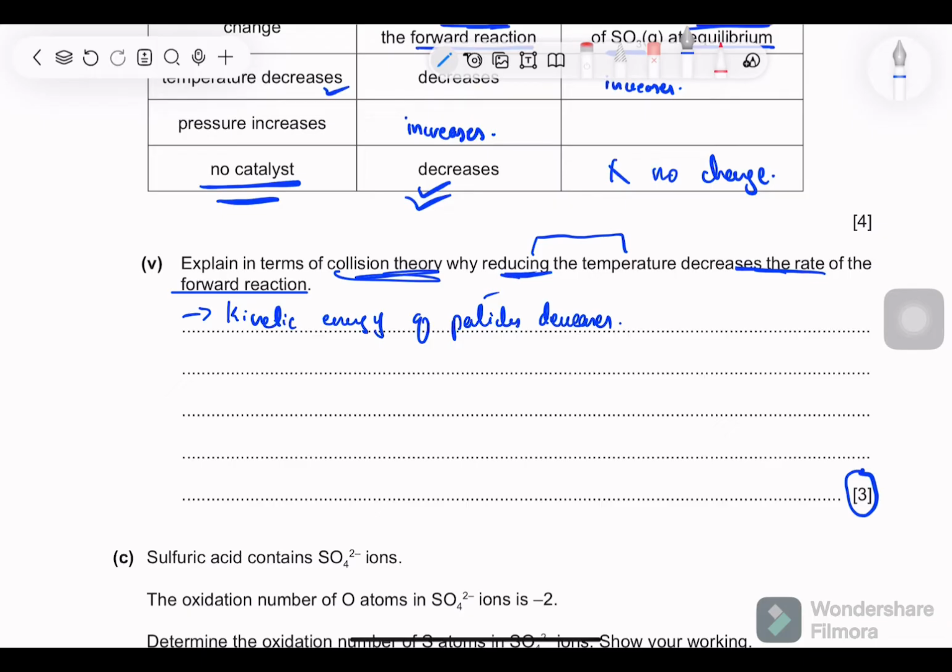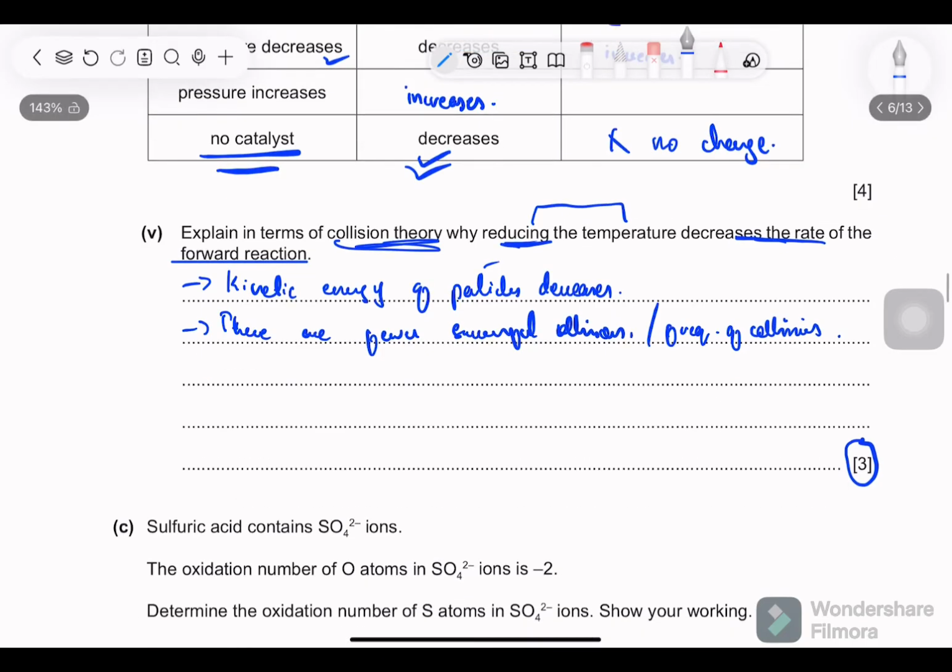The energy of particles decreases, they move slowly, the frequency of collisions decreases, so there are fewer successful collisions between particles. And next, when we decrease the temperature, fewer particles have enough energy to react.